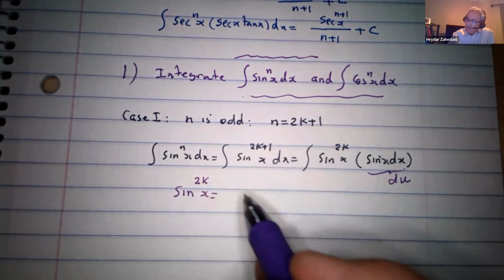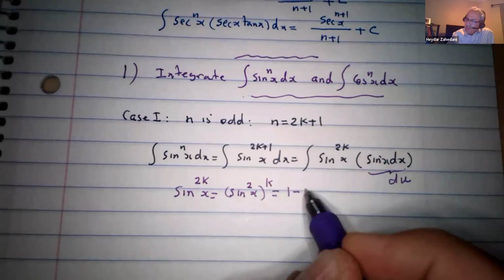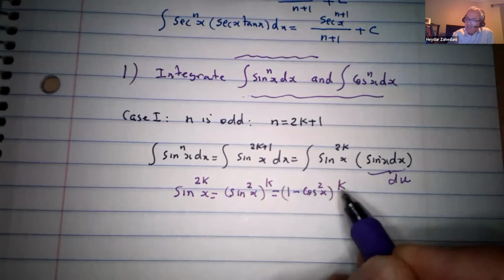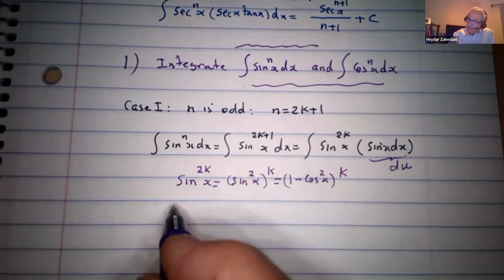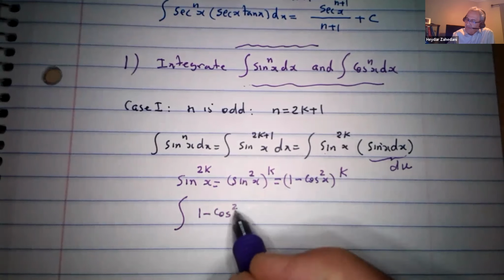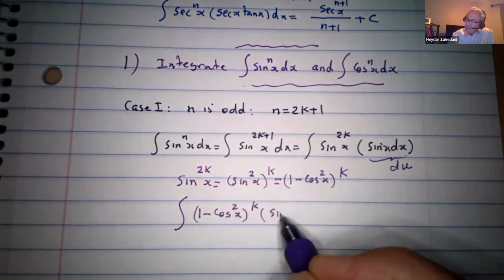Look at this one. It is going to be the sine to the 2k of x. So you can rewrite it as sine squared of x, to the k. Then this is going to be 1 minus cosine squared of x, everything to the k. So your integral is going to be, after substituting, 1 minus cosine squared of x, everything to the k, times sine x dx.